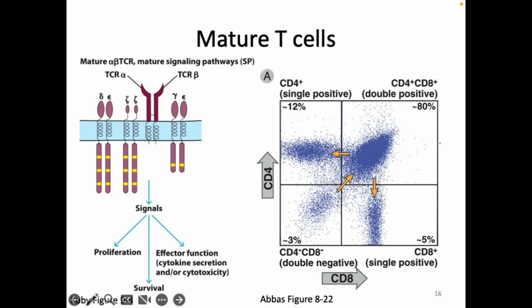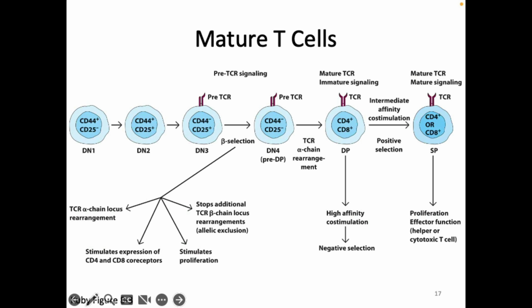But now our T cell needs to make one final call, which is whether it's going to become a CD4 or a CD8 T cell. So we before had CD4, CD8 double positives, and now the cell needs to actually become a CD4 positive only or a CD8 positive only, and be ready to leave the thymus.